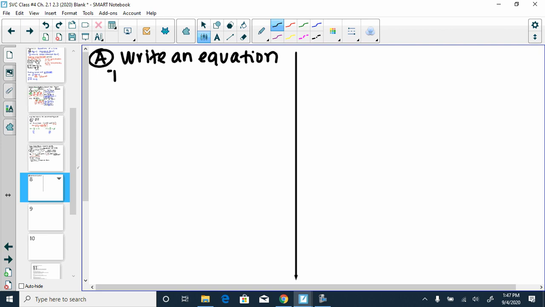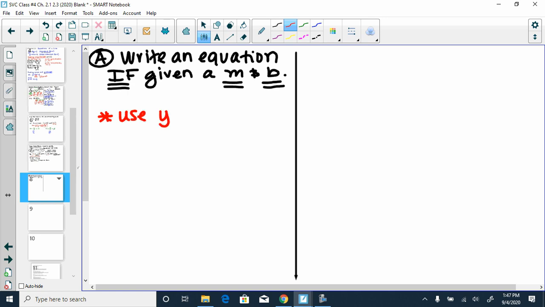And the key here is if given a M and a B. So you are going to be given a slope and a y-intercept. Okay? That right here tells you how to think. If you are given an M and a B, guys, you just use y equals mx plus b and substitute.